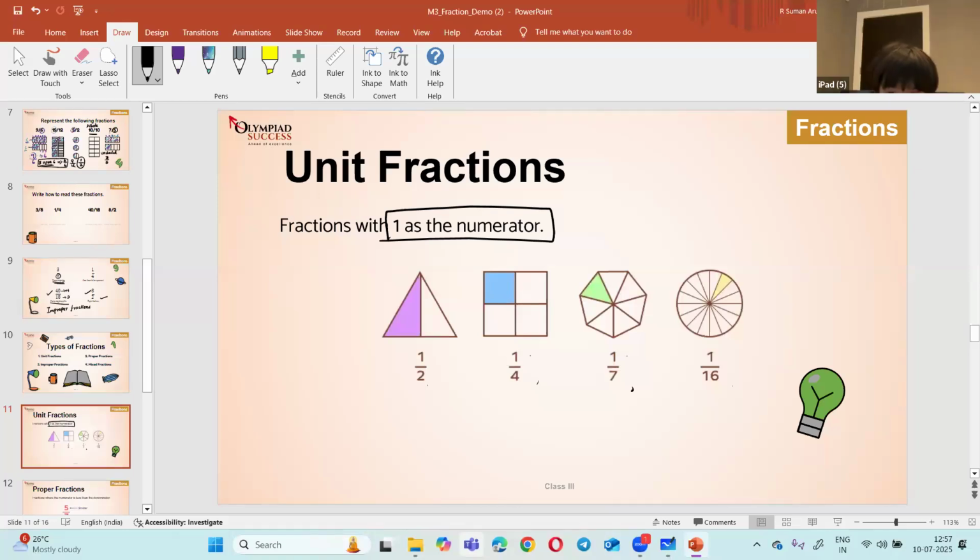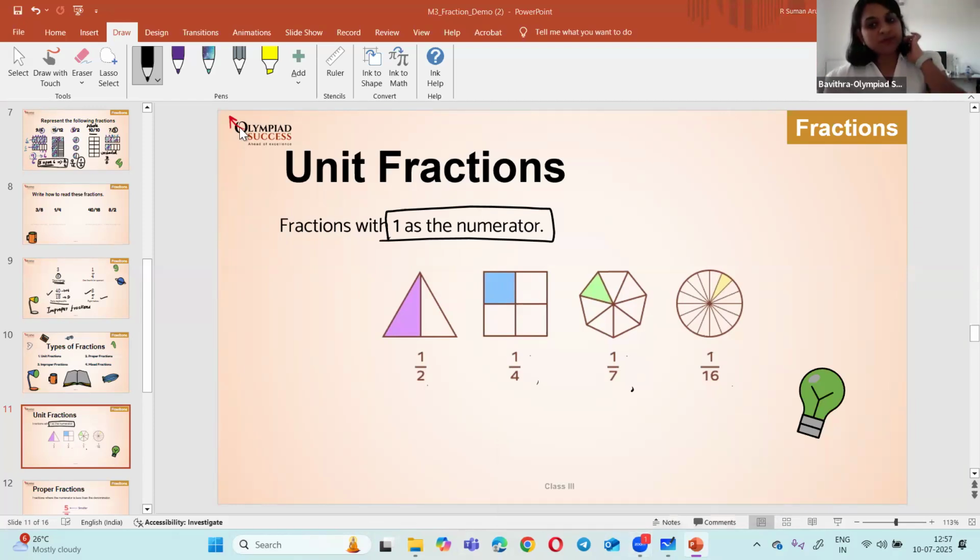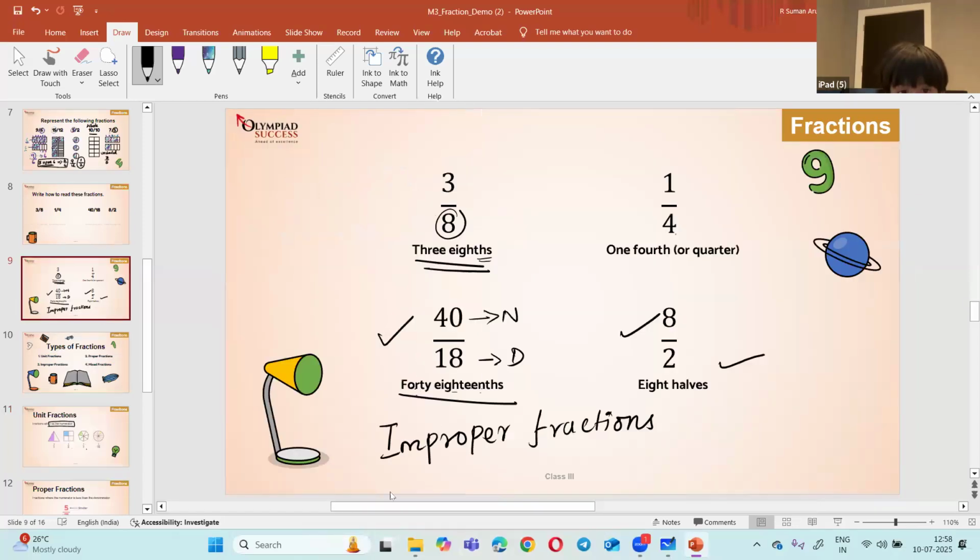Okay. Are you clear? Can you tell me the types of fractions? Do you remember? Proper fraction, and common fraction, what is this?